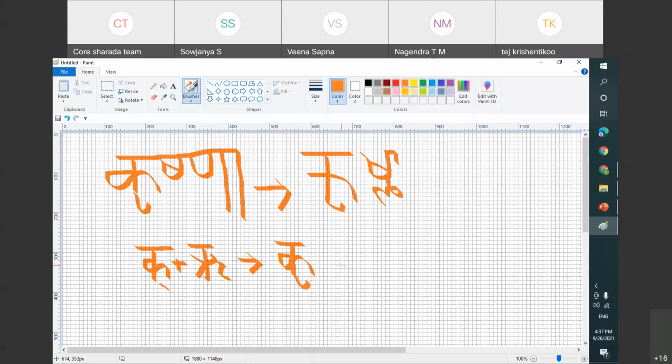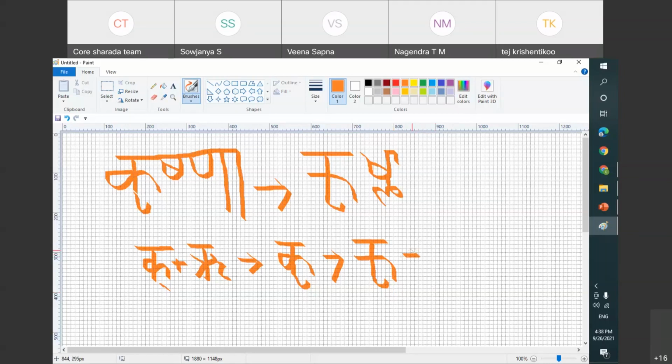Kr. But in Sharada, we write Kr in two ways. This is a very important point for students to remember. One, we write it this way, this is Kr. Students, are you clear on this one? There is another way to write the Kr.